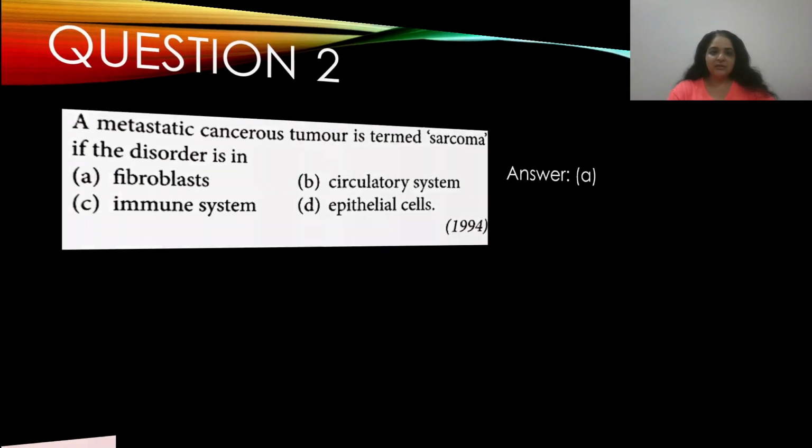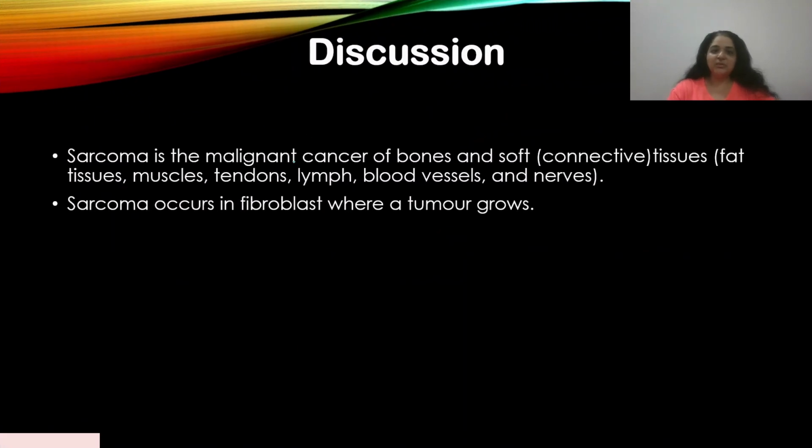Okay, let's go to the discussion. So sarcoma is a malignant cancer of bones and soft connective tissues. Now, these soft connective tissues could include fat tissues, muscles, tendons, lymph, blood vessels, and nerves. So if a tumor grows in the fibroblast, it's called sarcoma.